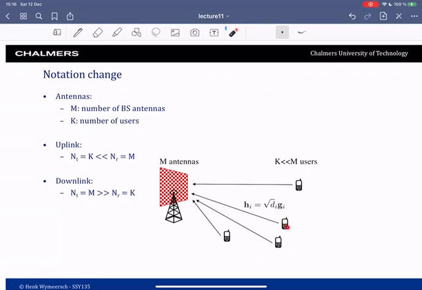Here, what I'm showing is in the uplink, base station with M antennas, very large, K users, so only 4 users here. And each user has its own channel in the uplink. This channel is a column vector, so it's a long vector, which we can decompose as a path loss component. This is path loss plus shadowing.